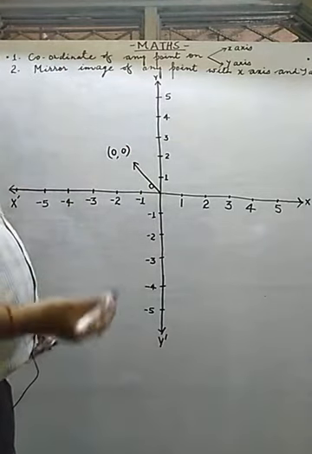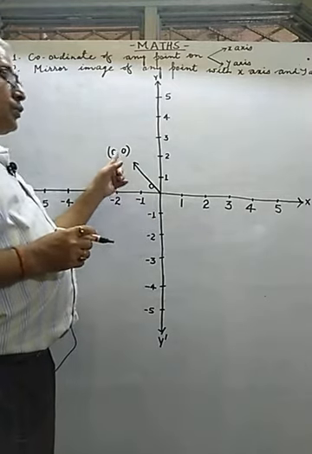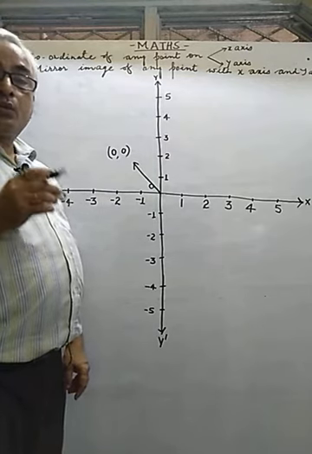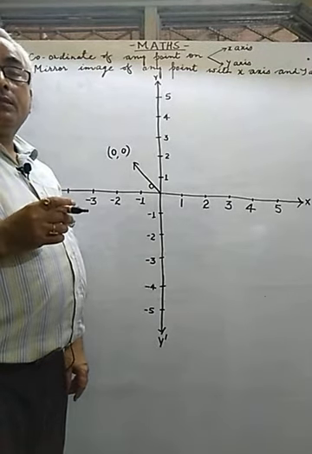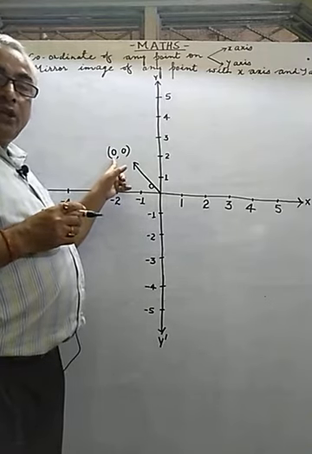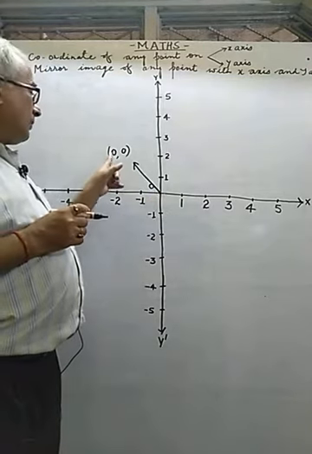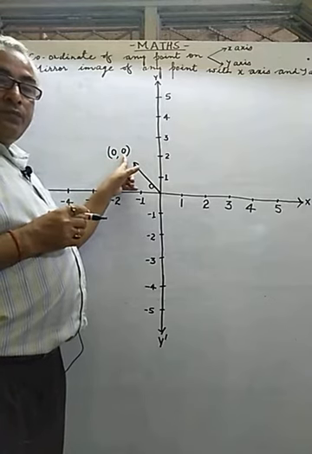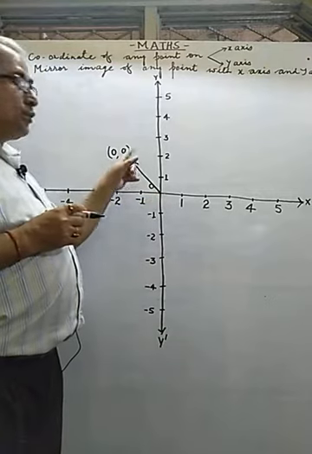So very frankly we can say the coordinate of this origin is (0, 0), because in a coordinate we try to trace two things and these two things are arranged in an ordered pair. So first place is given to the value of abscissa, then ordinate. At this origin the value of abscissa is 0, the value of ordinate is also 0. Therefore the coordinate of this origin is (0, 0).